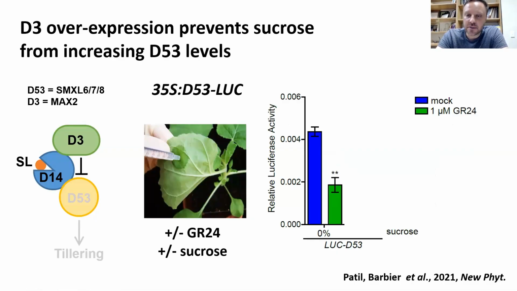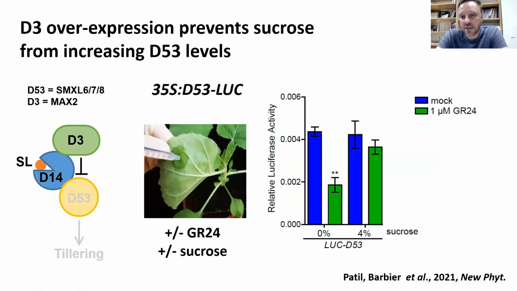But this is in absence of sucrose. Now, if I repeat the same thing with 4% sucrose, you can see that the effect of GR24 on D53 has almost totally vanished, suggesting that, again, sucrose can alleviate the effect of strigolactone on D53.